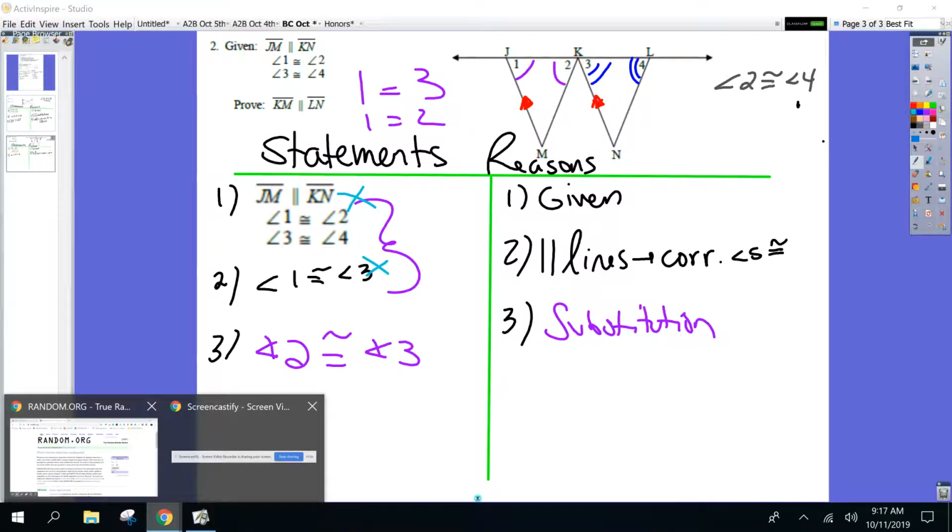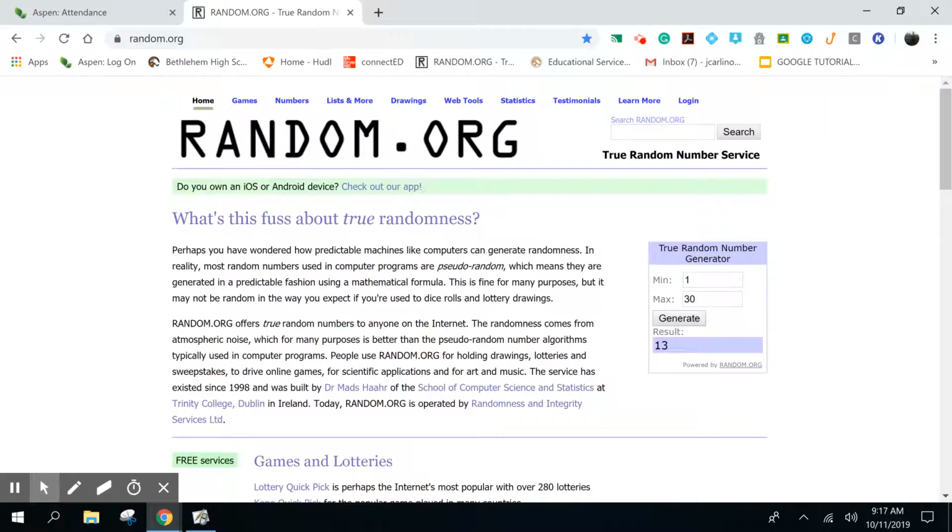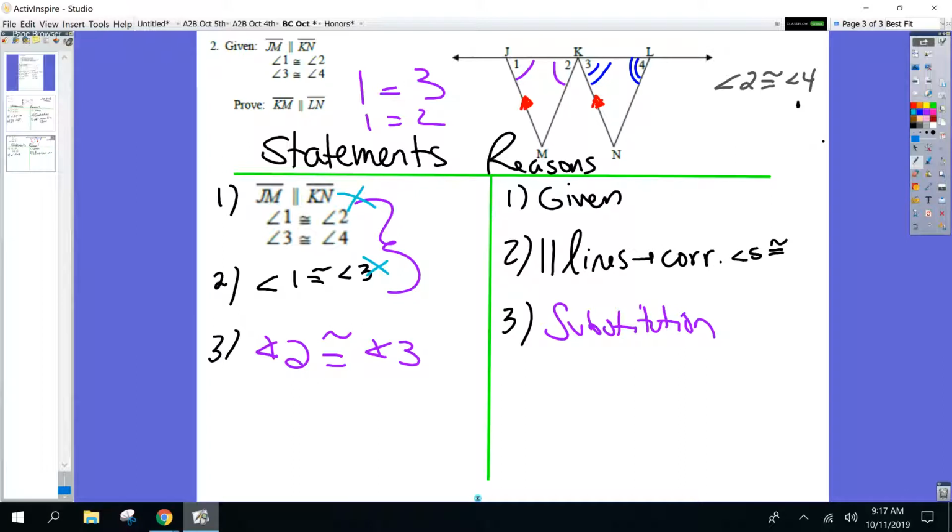What do you got for me in return? 2 is congruent to 4, and isn't that what our goal was? And that is a second substitution. And that was our goal, right?